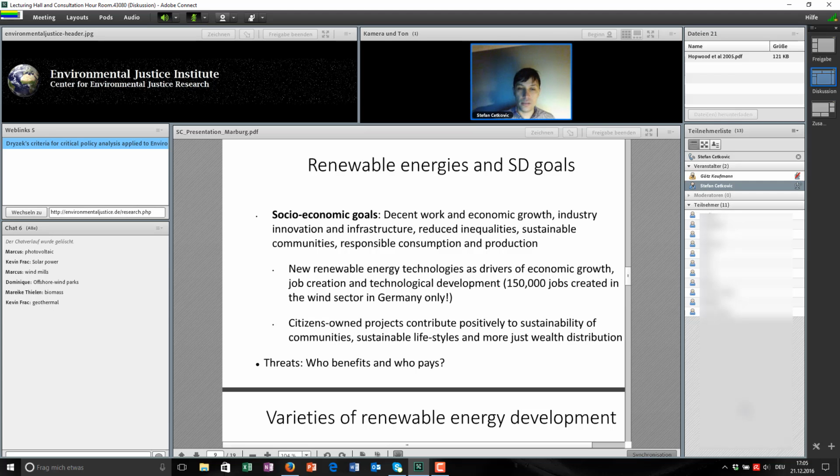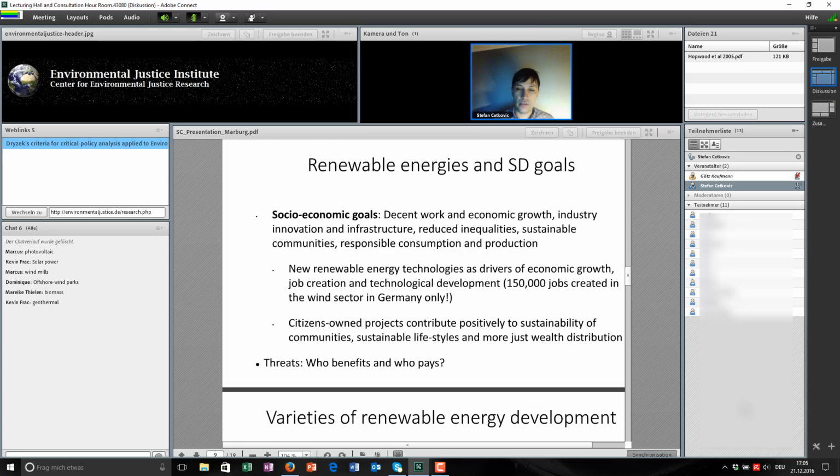We see this phenomenon in many countries, including Germany and Denmark, where you have lots of energy cooperatives and renewable energy projects owned by citizens and by communities, which can then potentially lead to increasing the sustainability and resilience of communities.